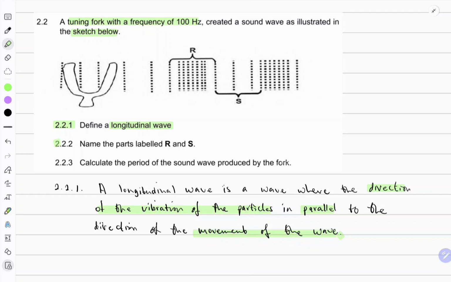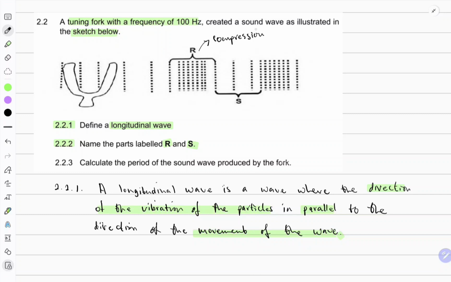So the next question says, name the parts R and S. On a longitudinal wave, where the coils or the particles are compacted, they are squashed together, this point is referred to as a compression.